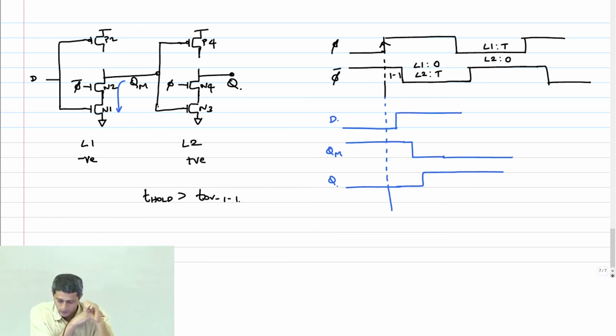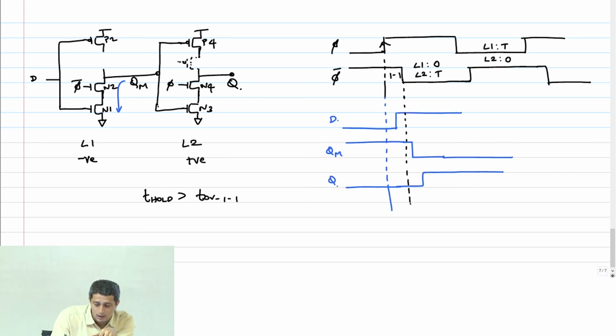Why does QM become... why Q? Because QM has become 0. After that, that's what I'm saying, look at what has happened. After this overlap period, what has happened to L2? My PMOS transistor is back, and both are conducting. It's like an inverter now.